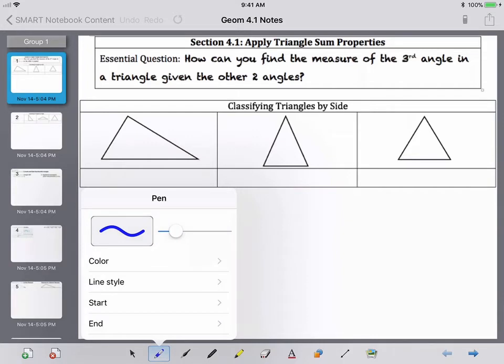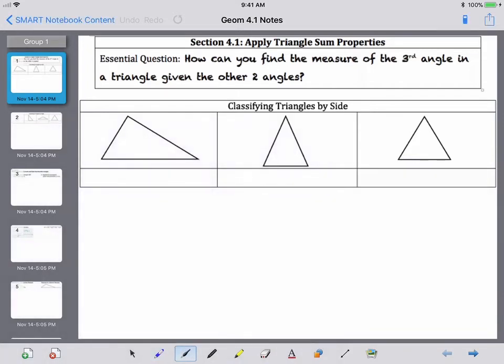There are three ways that you can classify a triangle by its sides. If all the sides are different lengths, and that's what those three different tick marks mean, we call that a scalene triangle. If you have two sides that are congruent, that's what we would call an isosceles triangle.